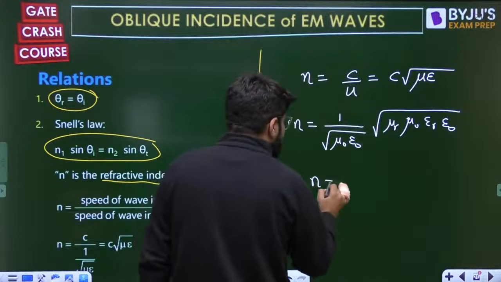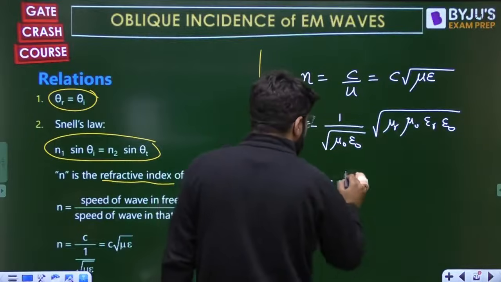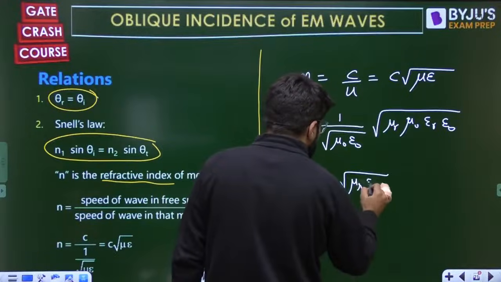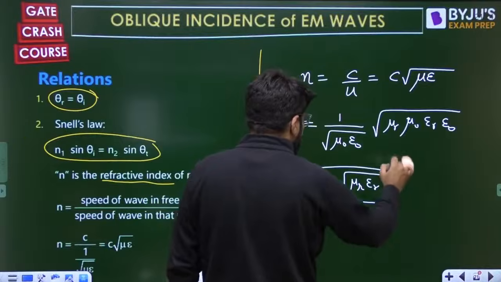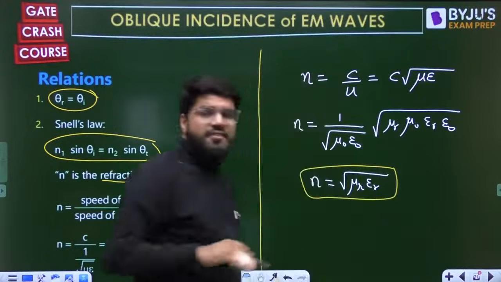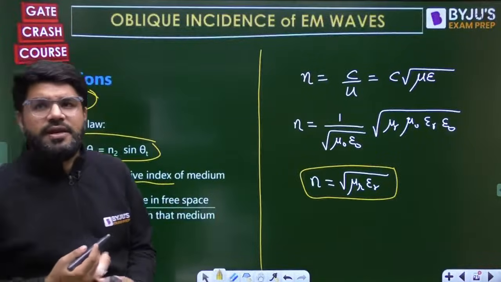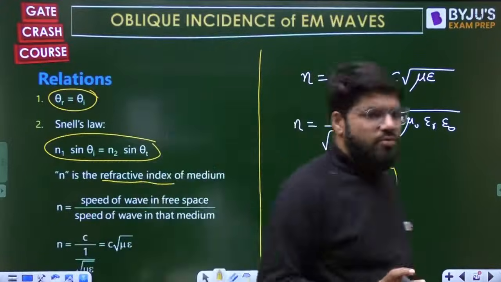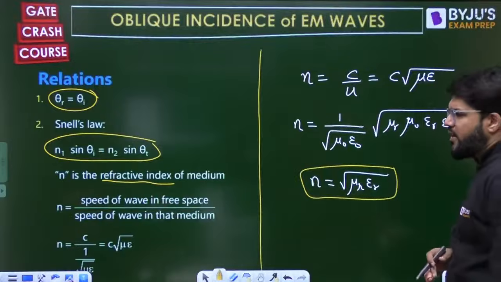After all calculation, mu naught epsilon naught will cancel and it is equal to root over of mu r epsilon r. This is also one of the formulas. It is the geometric mean of relative permeability and relative permittivity of the medium. So there are 2 or 3 different formulas that you can use for the refractive index.